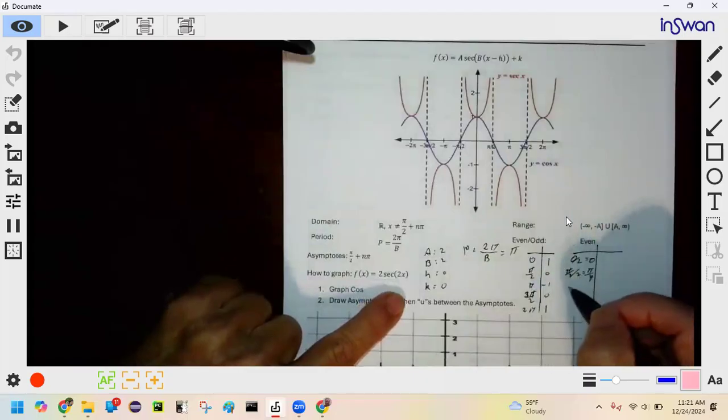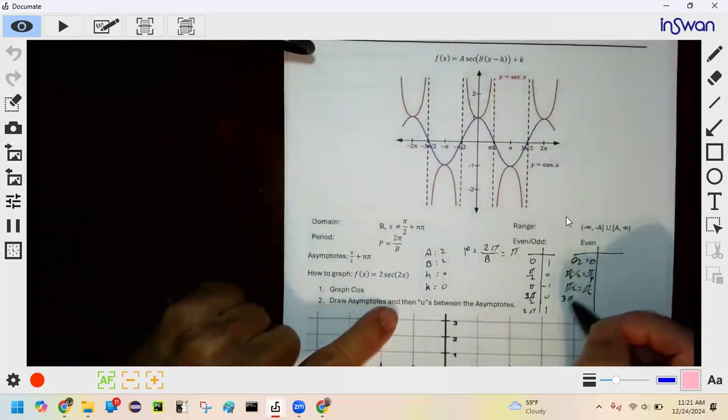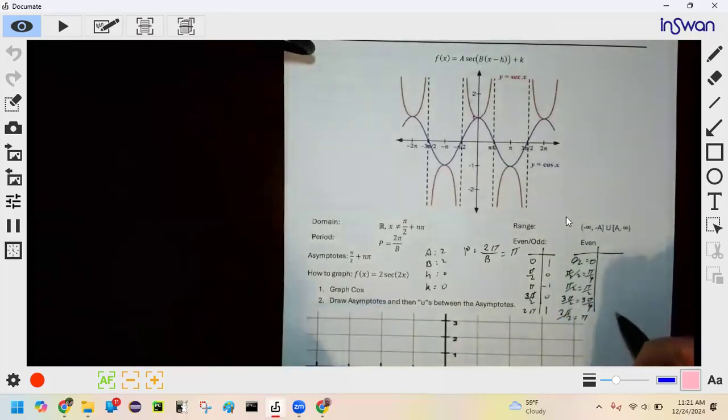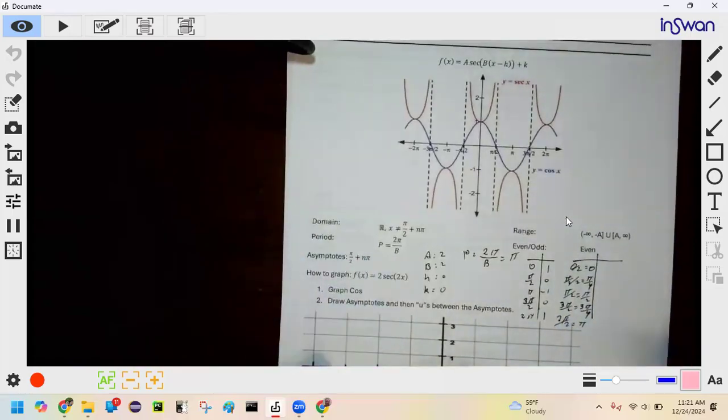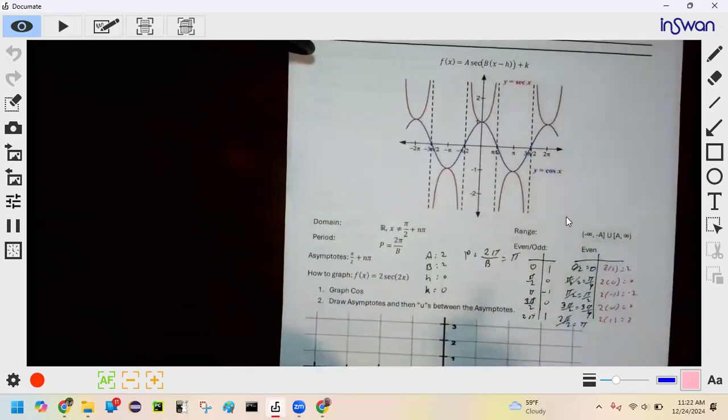Pi divided by 2 is just pi over 2. 3 pi over 2 becomes 3 pi over 4, and 2 pi divided by 2 becomes pi. And then A is 2 times the y coordinate. So 2 times 1 is 2. 2 times 0 is 0. 2 times negative 1 is negative 2. 2 times 0 is 0. And 2 times 1 is 2.